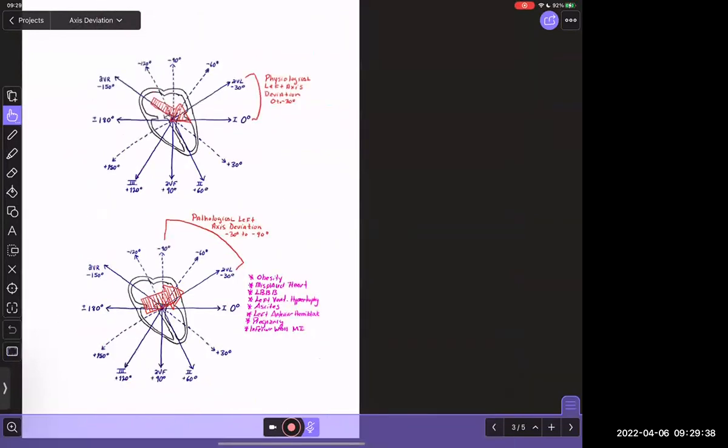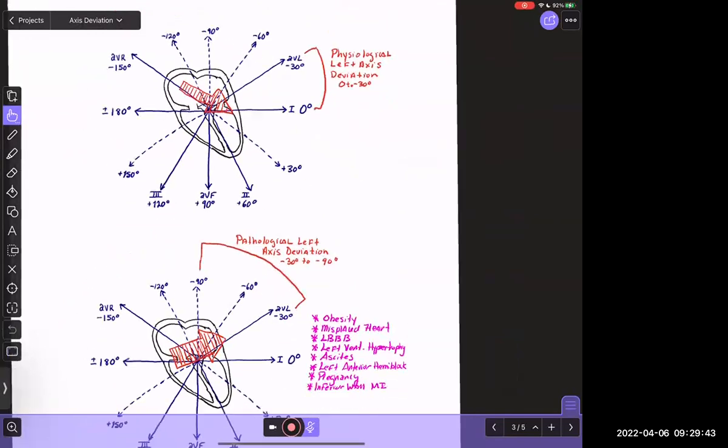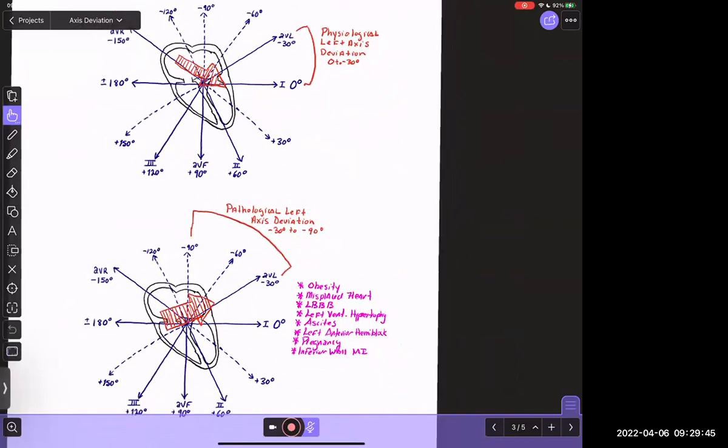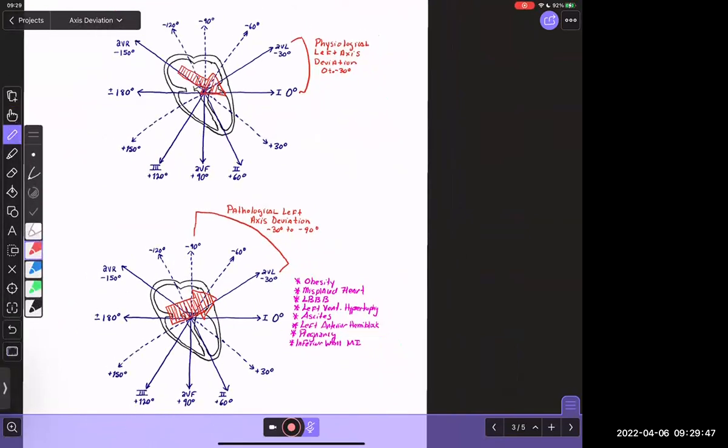Let's talk a little bit about pathological versus physiological. So can someone tell me what the difference is between the two? So what does physiological mean?